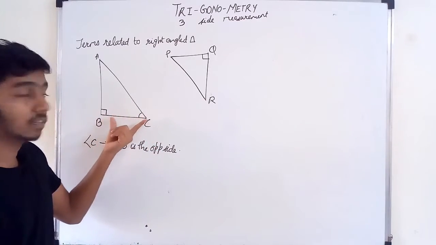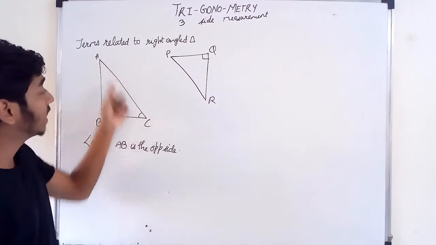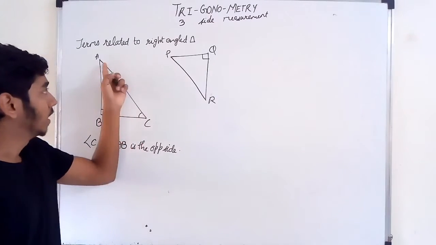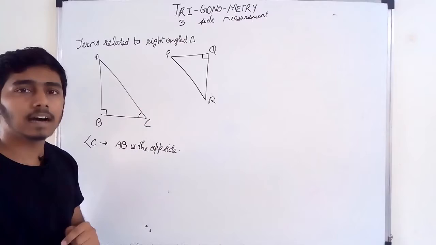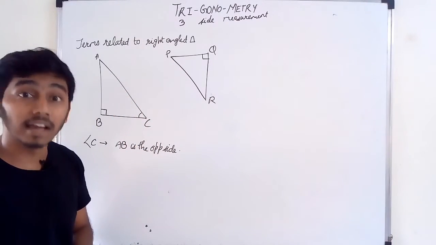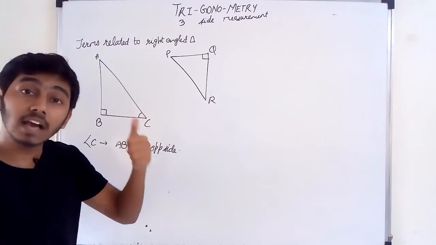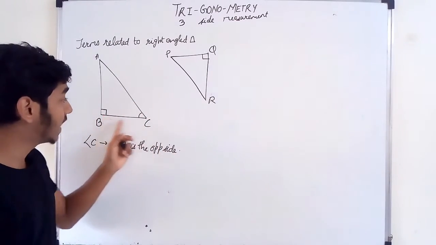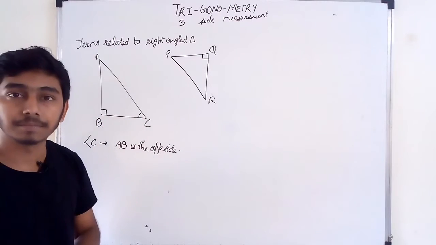It is BC, which is one side, and AC is another side. Now, can I say AC is the adjacent side? No. Why? Because AC is already the hypotenuse of this triangle. So we'll take adjacent side as BC.